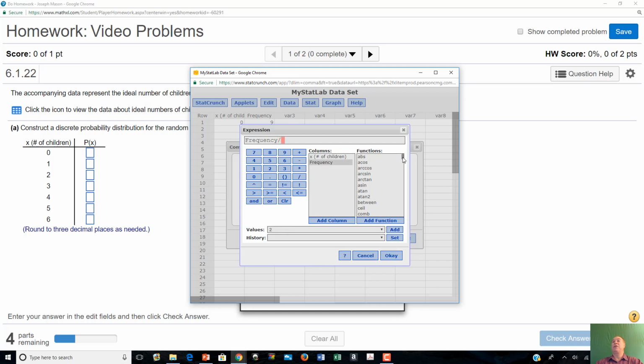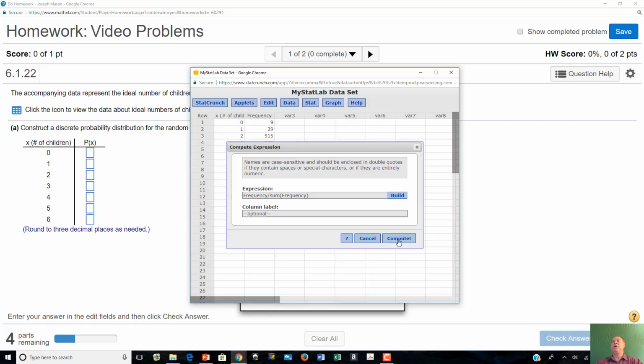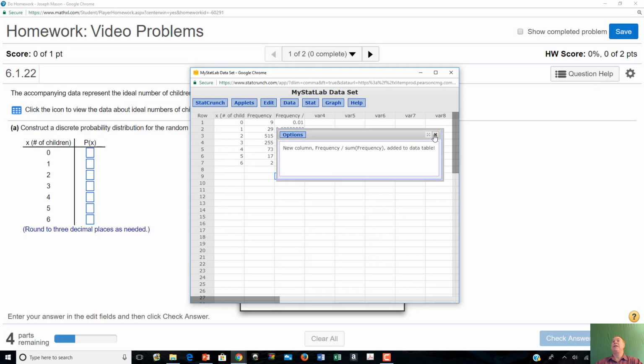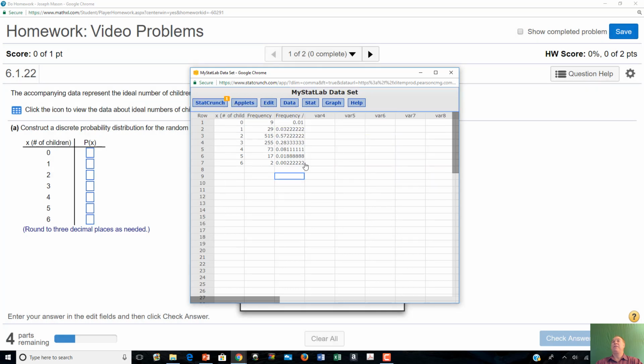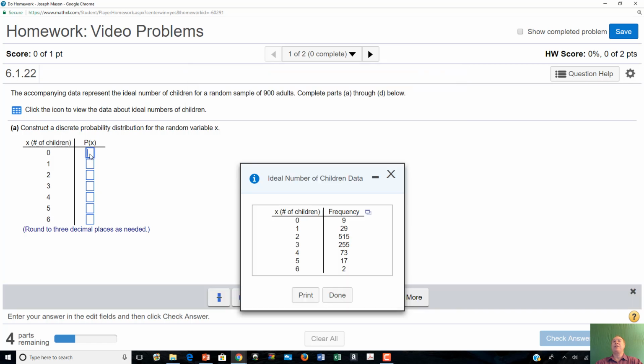Under functions, I'm going to scroll down near the bottom where it says sum, double click sum, and you notice it comes up with parentheses. Double click frequency, that puts frequency. So this would be the frequency divided by the sum of the frequencies, which is our probability. Click OK down here at the bottom, click compute, and it automatically puts it into the table in a different column. Okay, so now you would just enter those values in.